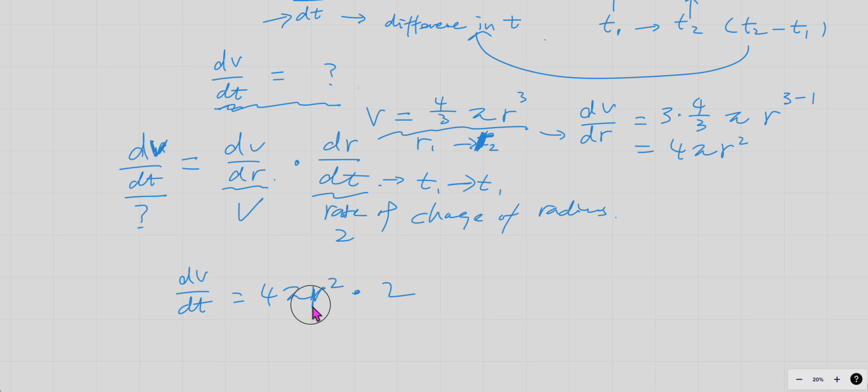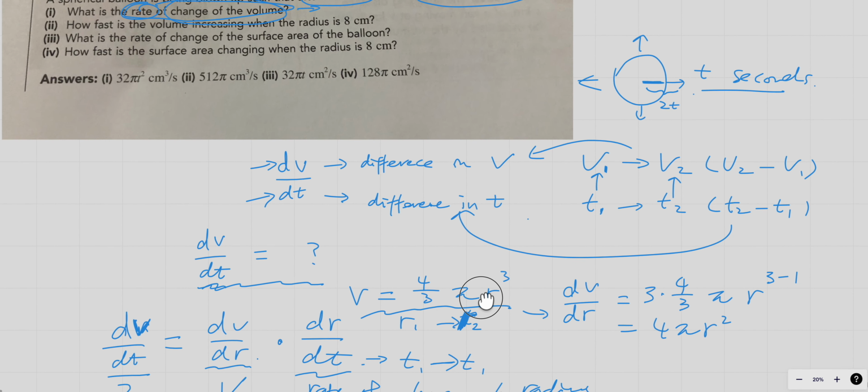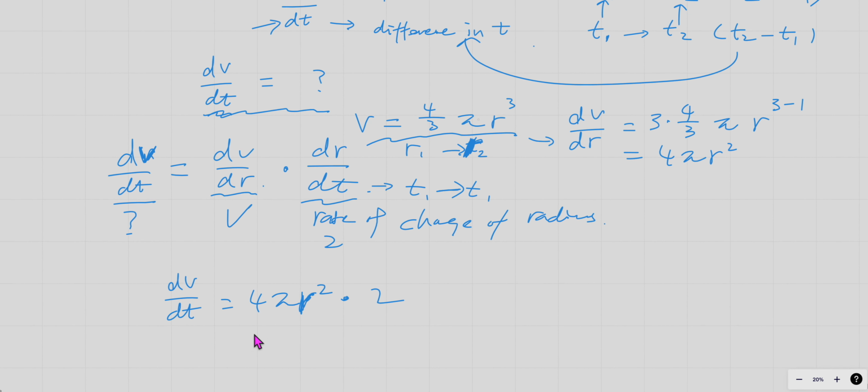And then what's the radius? 2t, is it? It's in terms of t anyway, or in terms of r. So it's 2 times 4 is 8 pi r squared.